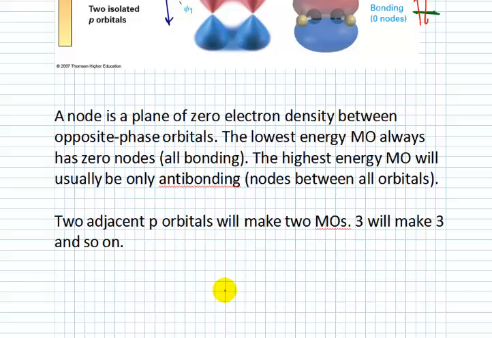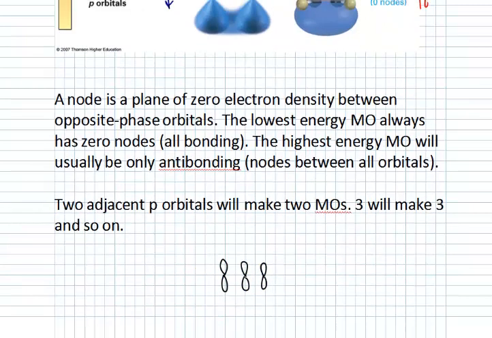Let's use black so I can color them in. Okay. There's 3 adjacent p orbitals. They can overlap in any of actually 3 ways. Now, the lowest energy interaction will be all bonding.